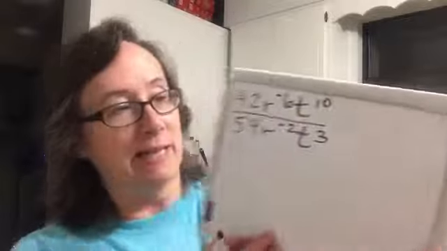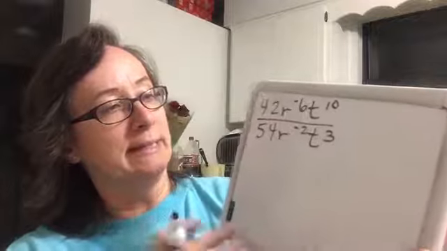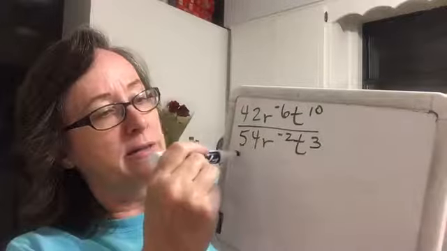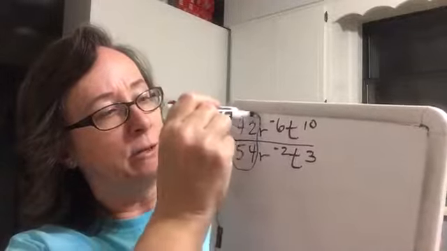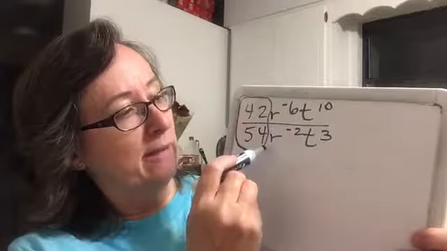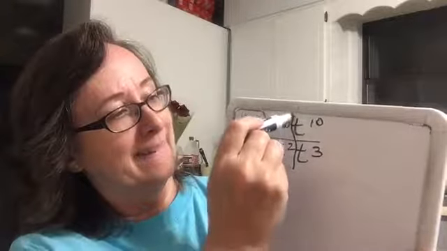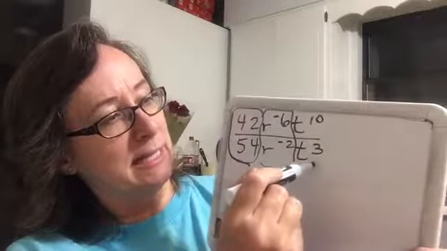So now we have 2 more complicated problems that kind of throw everything together. And we're going to deal with these in parts. So we've got 42 over 54 as my constant. I've got some r's here, and I've got some t's here.